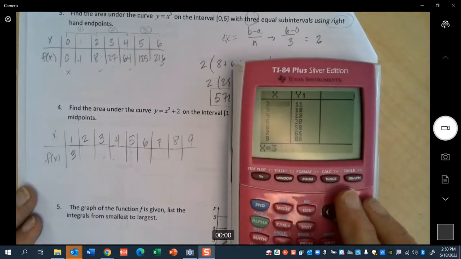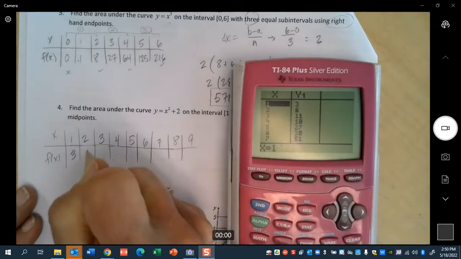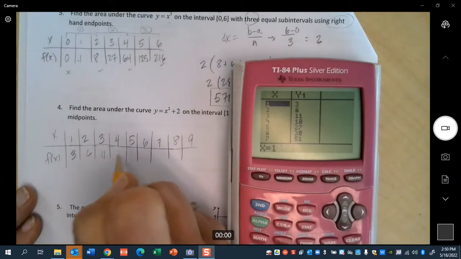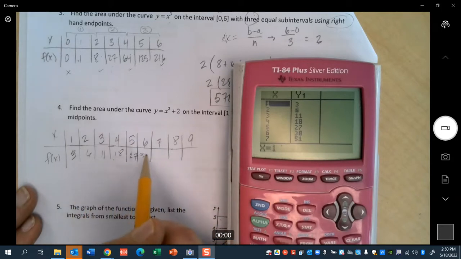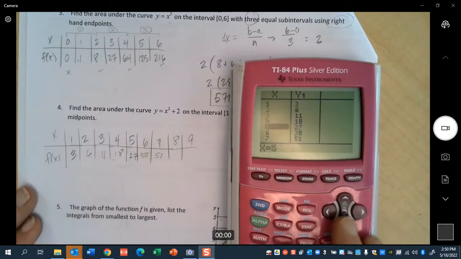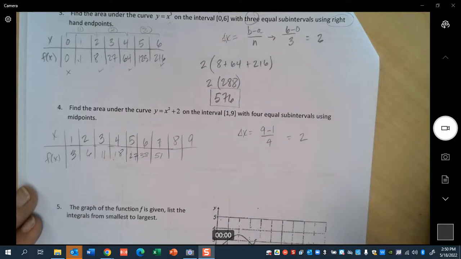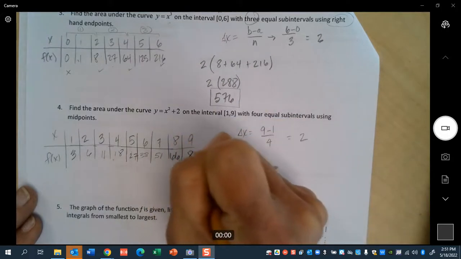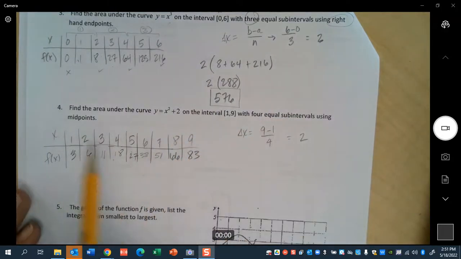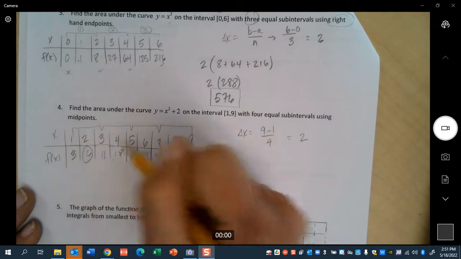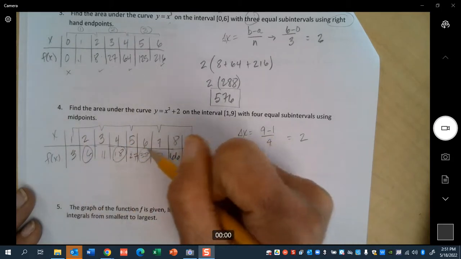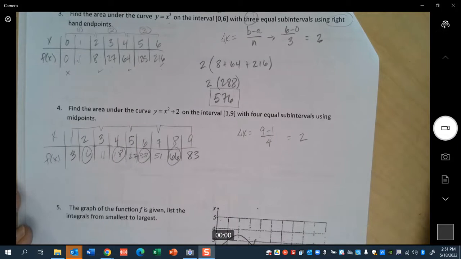So 3, 6, 11, 18, 27, 38, 51, 66, 83. My 4 subintervals, 1, 2, 3, 4. So I care about this number, this number, this number, this number.